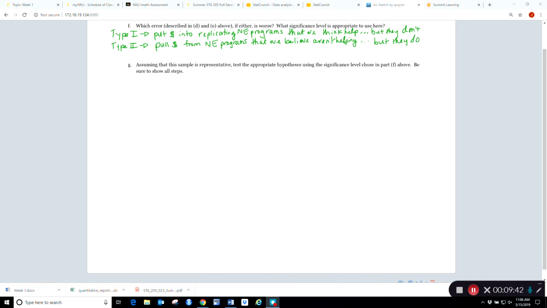But they do help. So that's kind of the problem with that. We're pulling money from programs that were actually working.